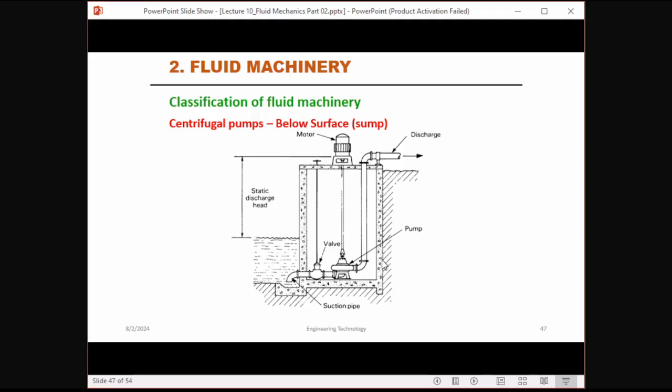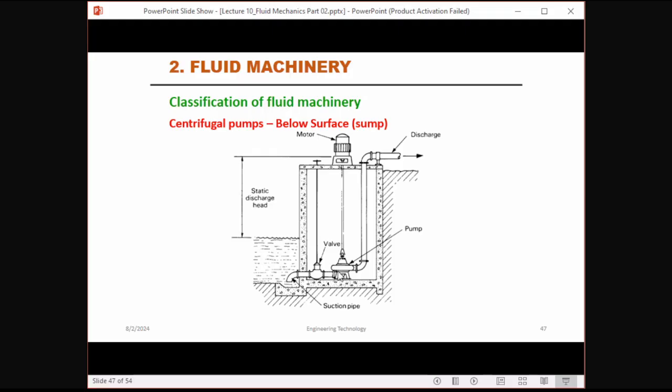Then a sealed tank. Then here you can see the water reservoir, and we can see the pipeline here.